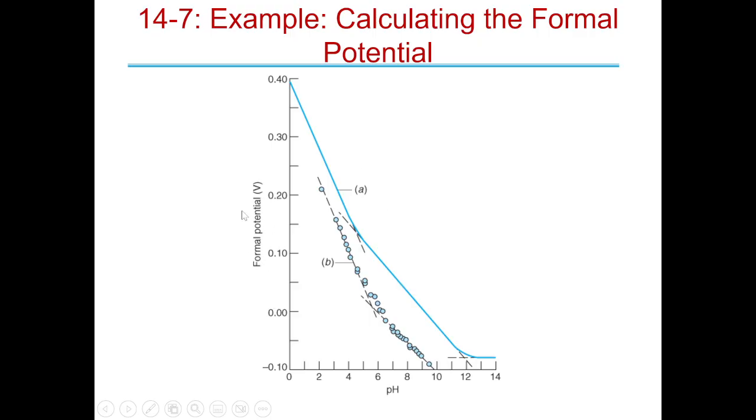Okay, this is calculating formal potentials right here. So this would be your pHs from 0 to 14. This would be your formal potentials in voltage. And what you notice is that your formal potentials are going to go down as your pH increases. But this has a diminishing effect because this is a logarithmic scale, right?